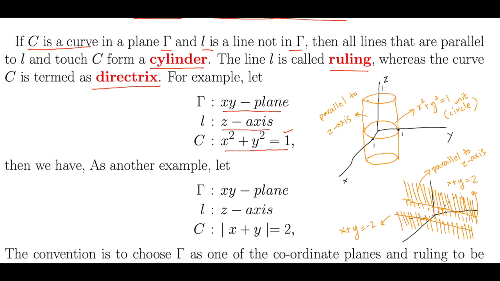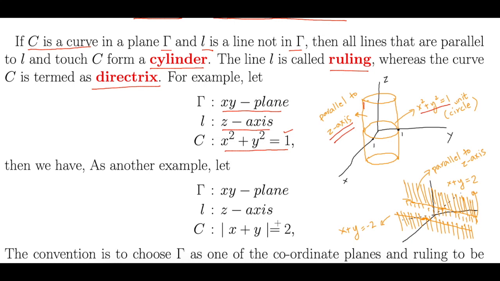This is a cylinder in which the z-axis is right in the center. This circle is in the xy plane and it is the unit circle here, and these lines are parallel to the z-axis.